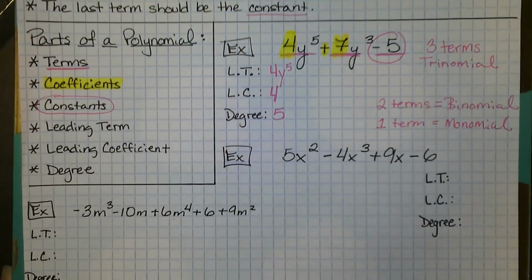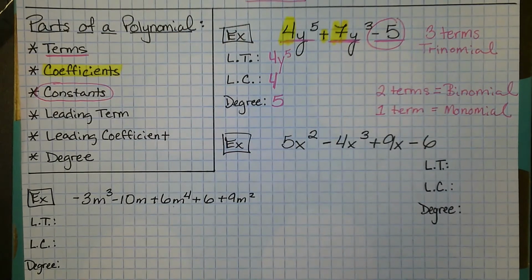Now moving on to the next example, we have this expression 5x squared minus 4x cubed plus 9x minus 6. So our first step is to put the expression in standard form, or put the polynomial in standard form. Standard form, you have to put the term with the highest exponent first.